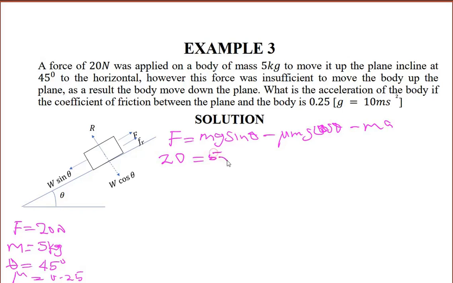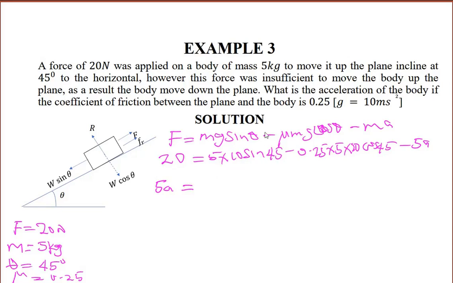Mass is 5 times 10 sine 45 minus 0.25 times 5 times 10 cos 45 minus 5a. So we can just say that minus 5a equals 5 times 10 times sine 45.